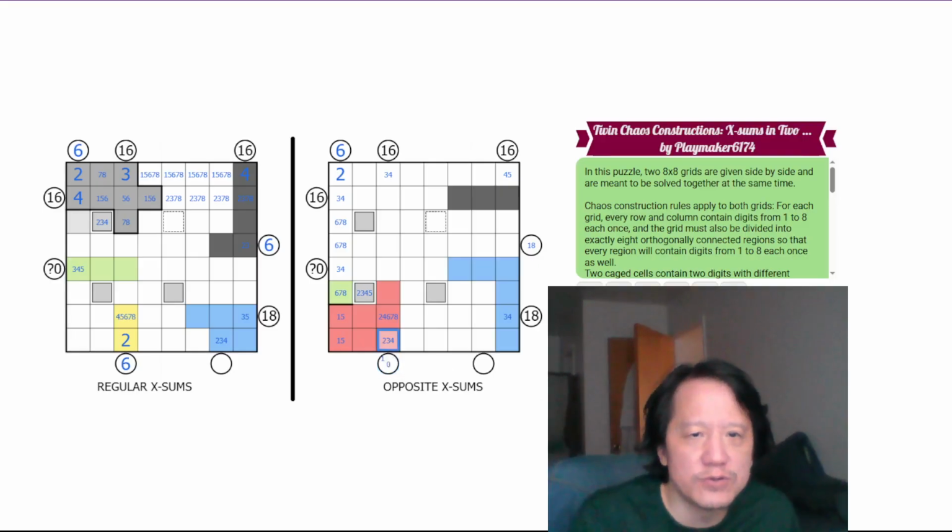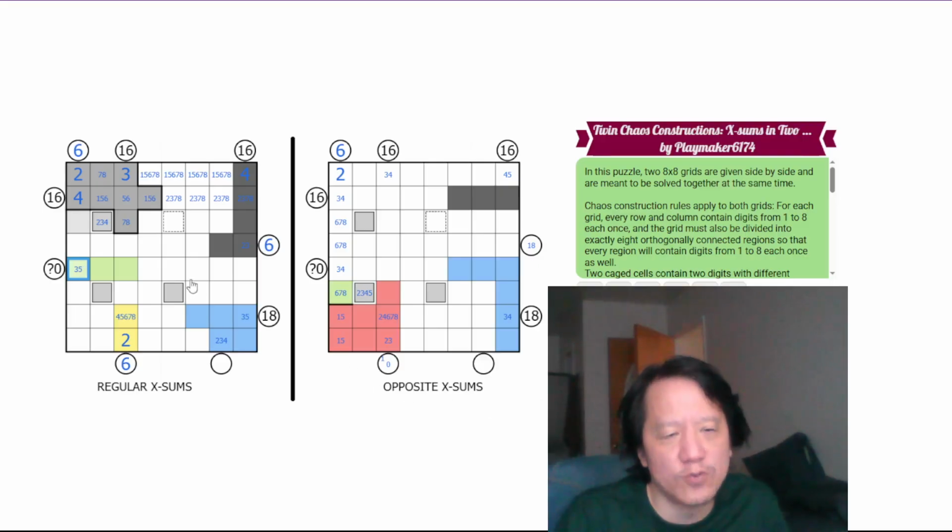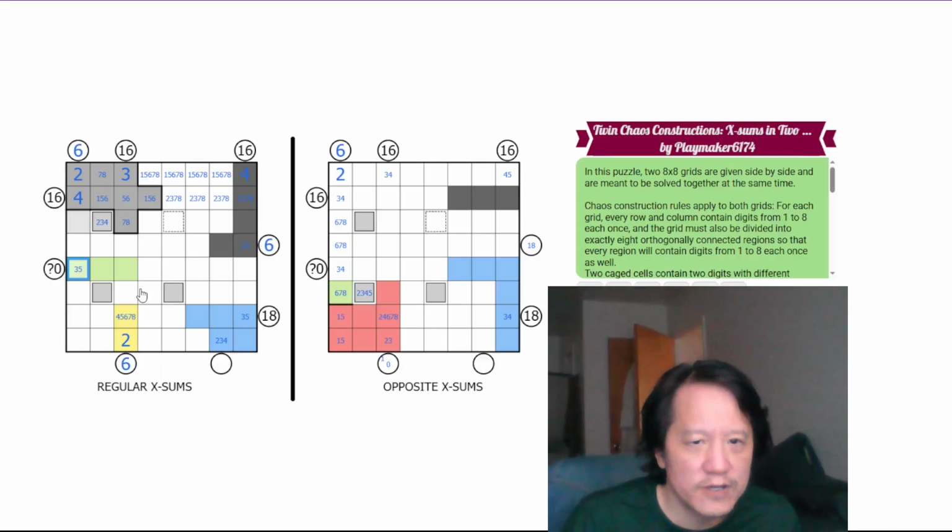So this is 2 or 3 also. So this adds up to 16. 16. 6, so this is not 4. It's 3 or 5. So this cannot be 5 digits adding up to 16 there. We have 3 or 4, 3 or 4.